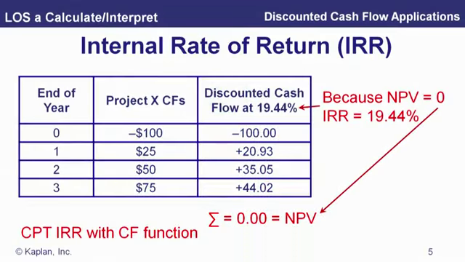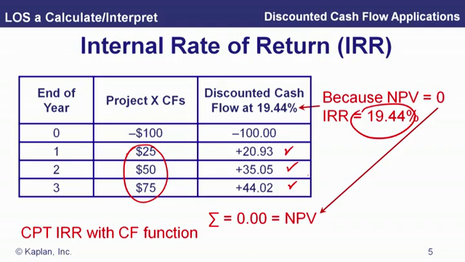So if we use the calculator and solve for this internal rate of return, we find out that it's 19.44%. And so what we've done on this slide is discounted these future cash flows at 19.44%, taken their present values, and when we add those up, they just equal the initial outlay of 100. So now, at a discount rate of 19.44%, the net present value is zero.